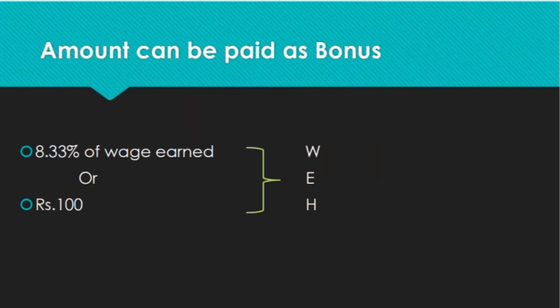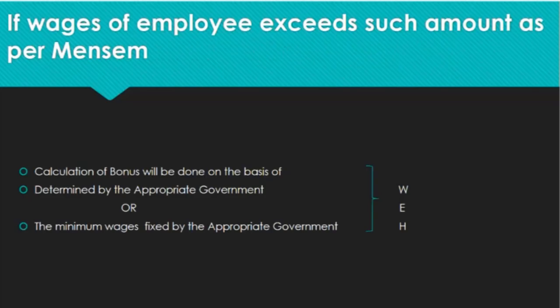If the person is working for 1,000 rupees, 8.33% of the wages is 83 rupees. So in that case, he will be paid 100 rupees. So 8.33% of wage earned or 100 rupees, whichever is higher, will be the bonus that will be paid.